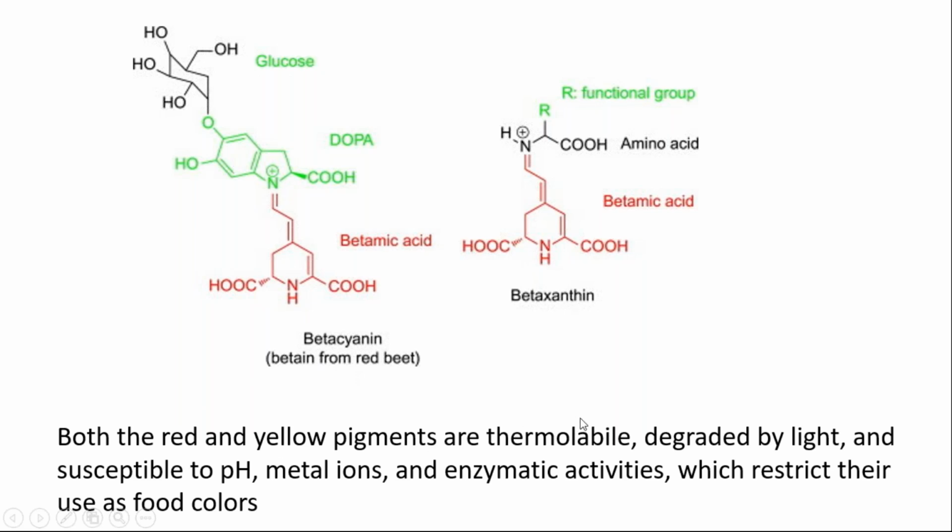That means they get degraded by heat, they are degraded by light, and they are susceptible to pH, metal ions, and enzyme activities, which restrict their use in food color. Because if you need a food color, it must be stable to light, stable to heat, and stable to pH changes.